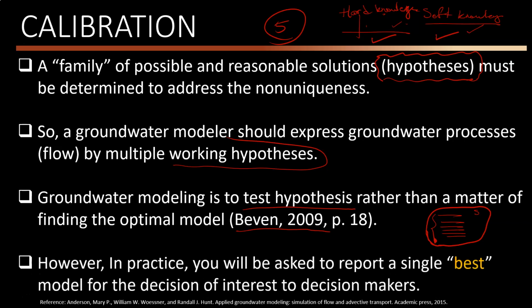But in practice, once you sign the contract, your client or the decision makers that you are working with want you to come up with one solution. Technically, they don't understand the complexity and the reason why we say that this level of knowledge, technology and information that we have does not let us directly find the best option.